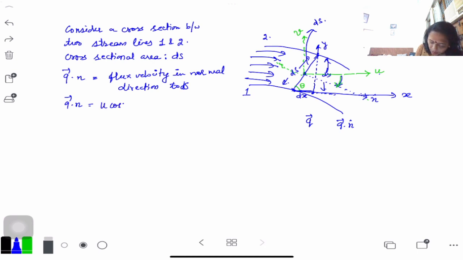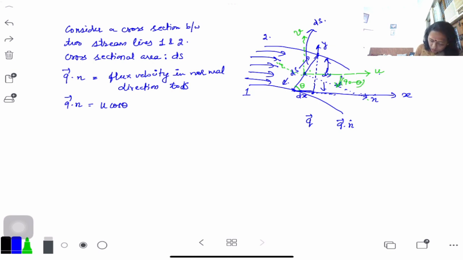So if you resolve these, you will get u cos theta, because it will make angle theta with the x direction. And if you look at v, sorry, it is not cos theta. This is theta, so this will become 90 minus theta.